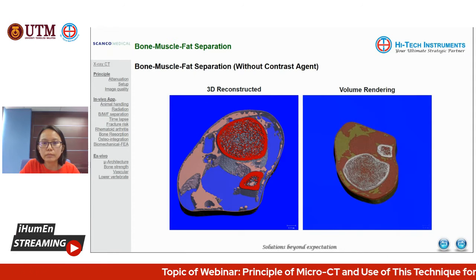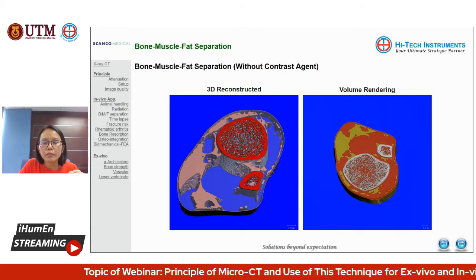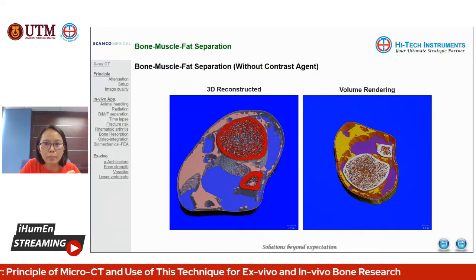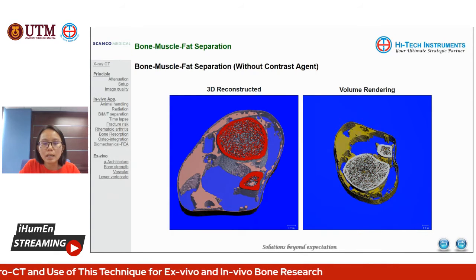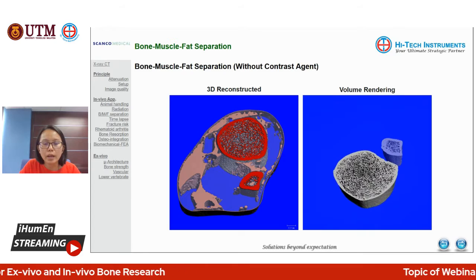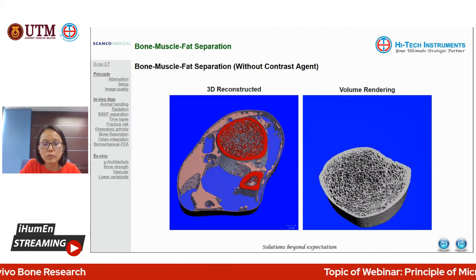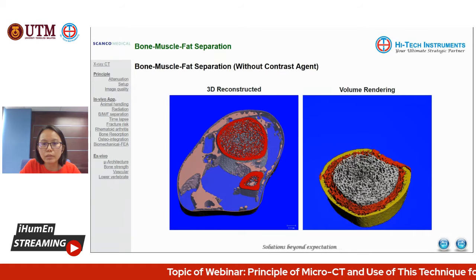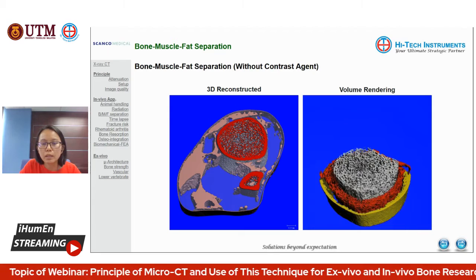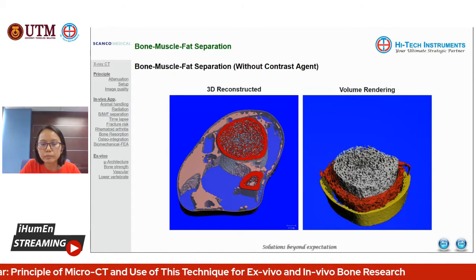If we are able to do segmentation by using the software, it means that we can measure the density and also the volume of the fat, the muscle, and of course the bone itself. From the bone, we can further define the area, like separating the cortical and also the trabecular area of the bone.